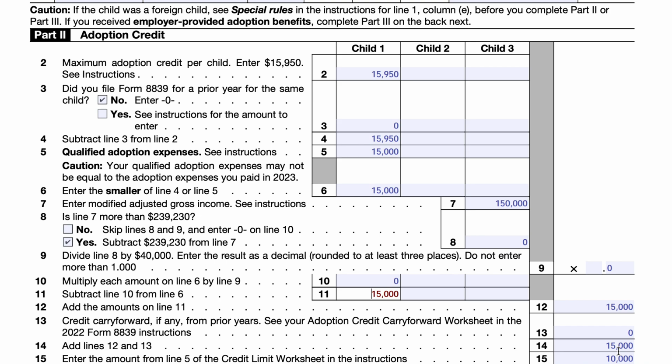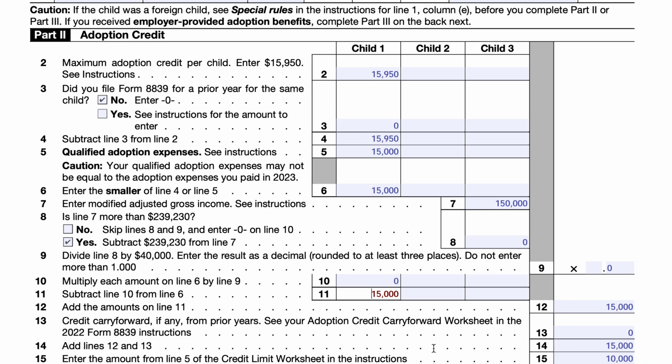Based on the type of credit, you may have options on what to do. Some credits, if you're not allowed to take it in the current year, then you can't take it at all. In the case of the adoption credit, if you can't take the credit in the current year, then you can carry forward the credit, and you would do that by calculating the amount that you take in this year, and then the rest of it goes to a carry forward situation.